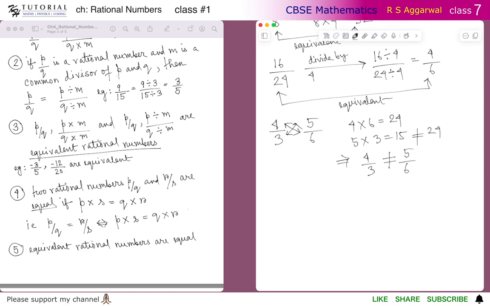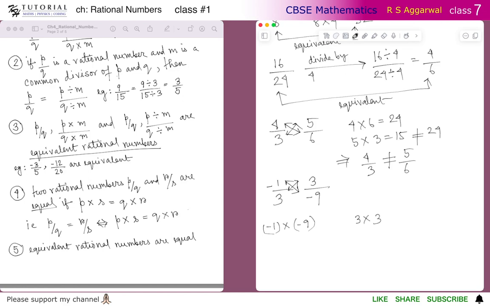Let's say I have minus 1 by 3, and 3 by minus 9. Now we are asked if the rational numbers minus 1 by 3 and 3 by minus 9 are same or not. So we do cross product like this. We get 1 multiplied by minus 1, and the other product is 3 into 3.